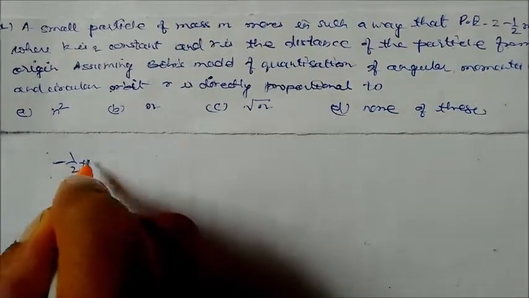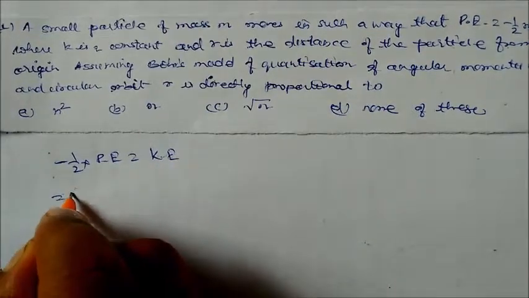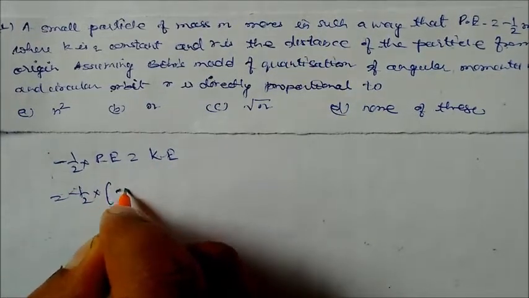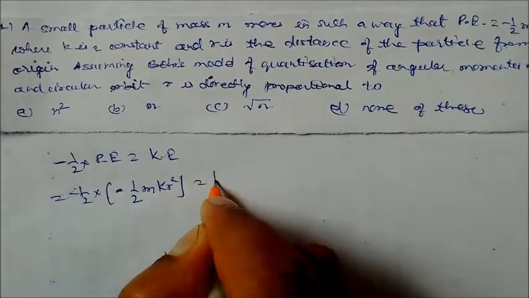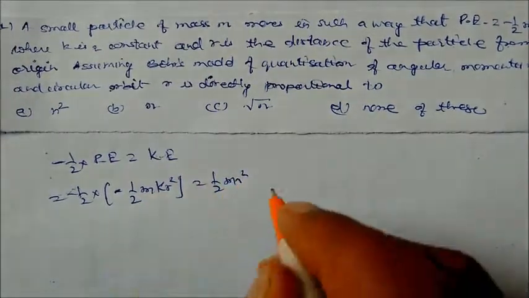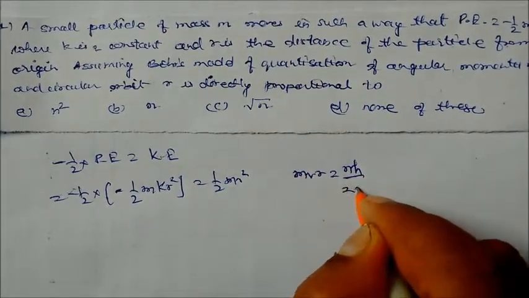So we can write minus half into potential energy is equal to kinetic energy. That is, minus half into m k r square is equal to half into mv square, and we know that mvr is equal to nh by 2 pi.